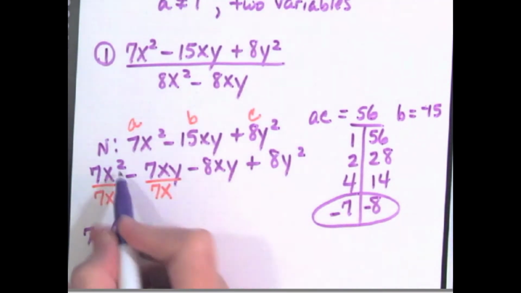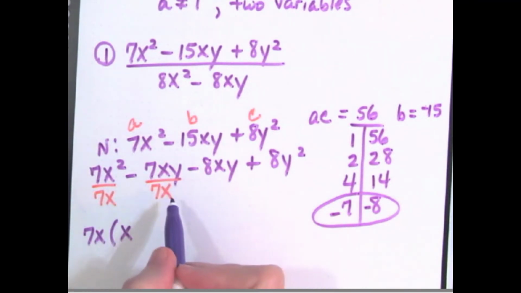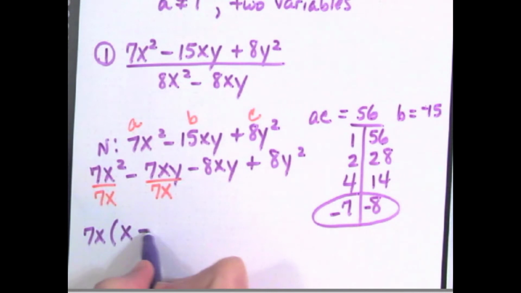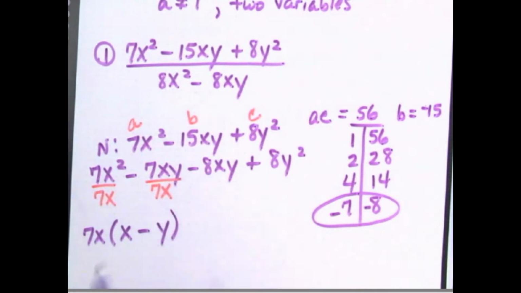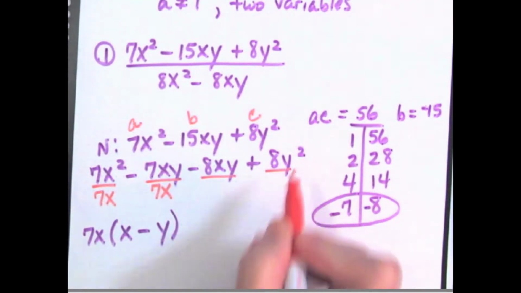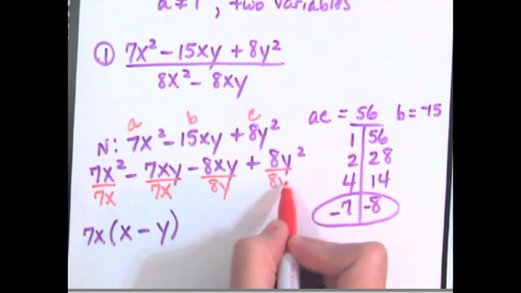And then 7x squared divided by 7x is x. Negative 7xy divided by 7x leaves us with minus y. Those 7x's cancel. And then we look at the last two terms, and I see that I can take out an 8y out of each one.